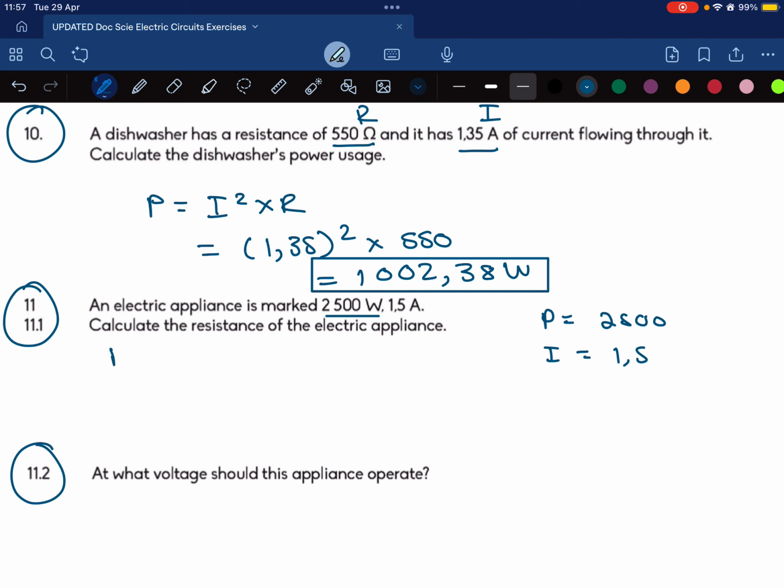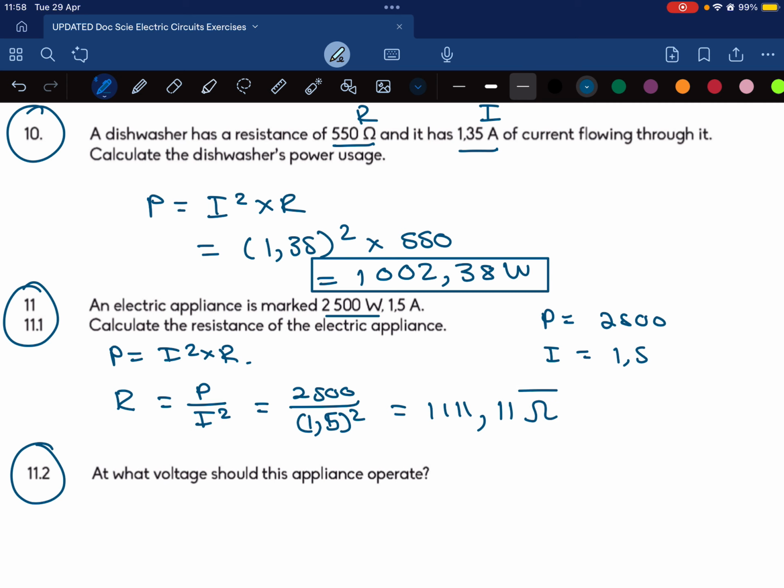Power is equal to I squared times R, which means that R is equal to P divided by I squared, which is 2,500 over 1.5 squared, which is going to give you an answer of 1,111,11 ohms.